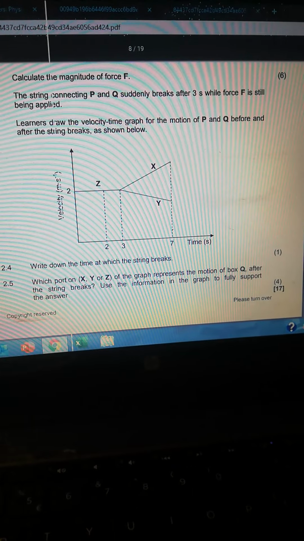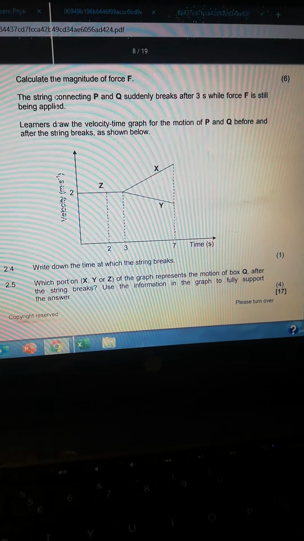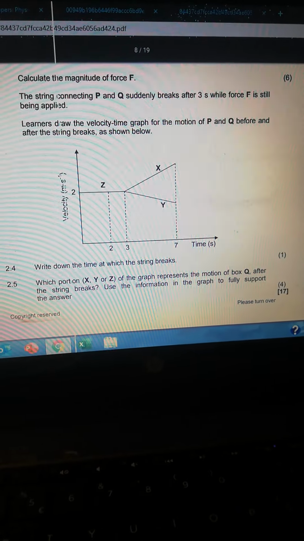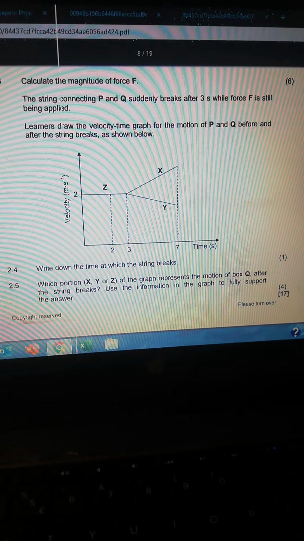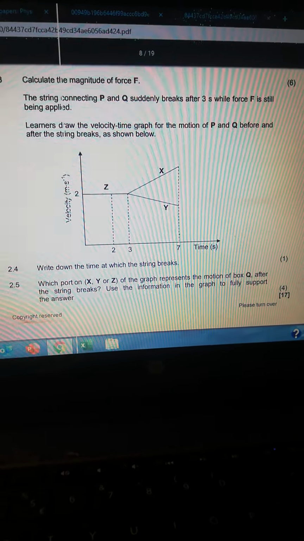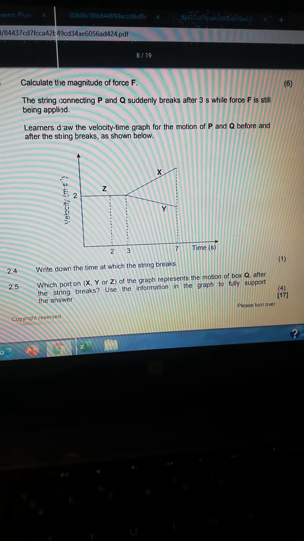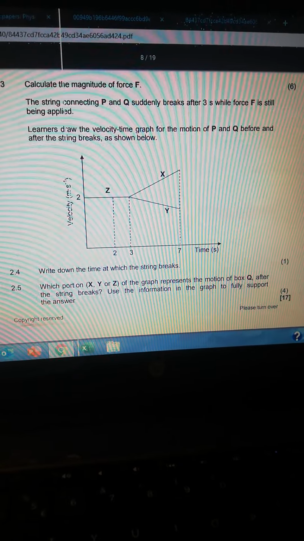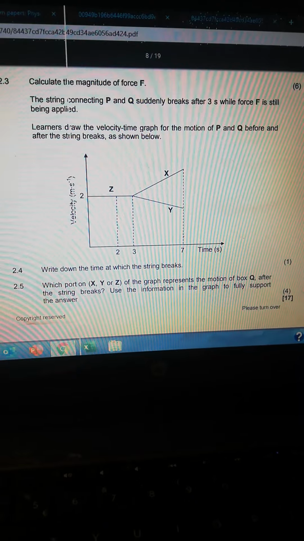But what we know is that after the string broke, maybe P will continue moving, or perhaps X shows what happens with P. But as for Q, it will constantly stop, right? It will decelerate. So here Y shows the motion of box Q after the string broke. So that's how you can go about it.